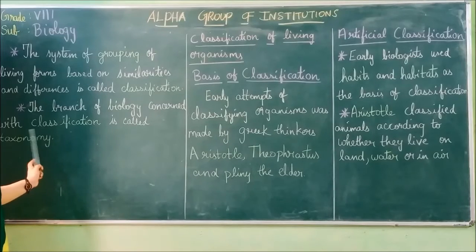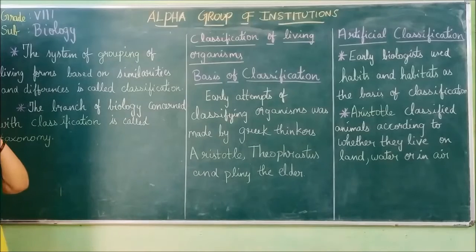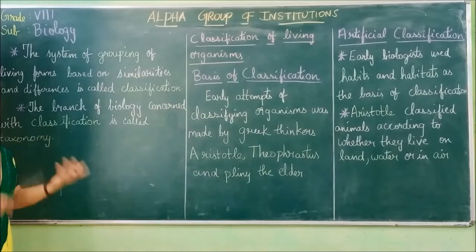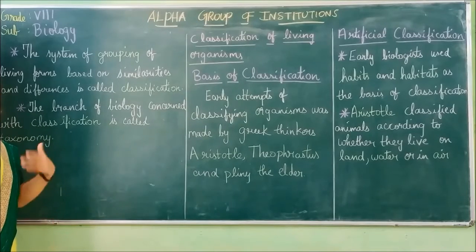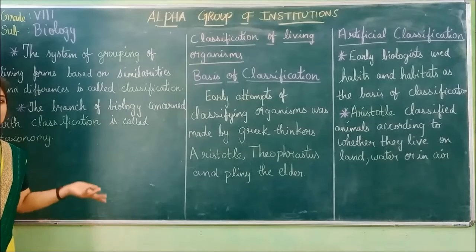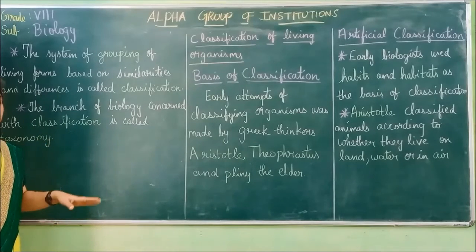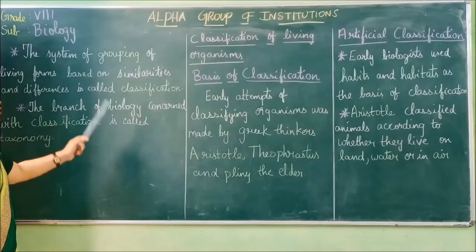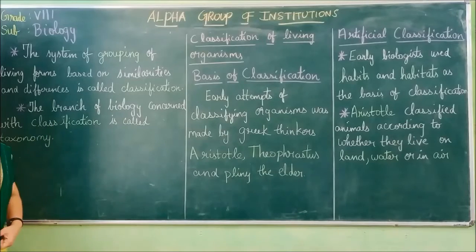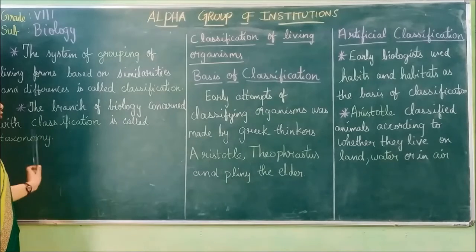So taxonomy is the branch of biology that deals with classification. What are the steps? Naming them, identifying them, classifying them, giving names according to the accepted principles. Those all come under taxonomy. It is a branch of study.